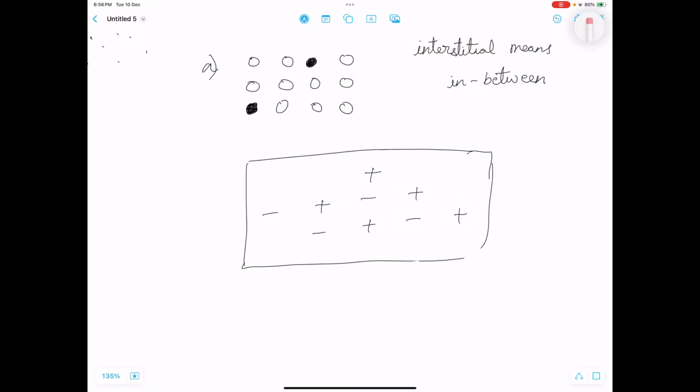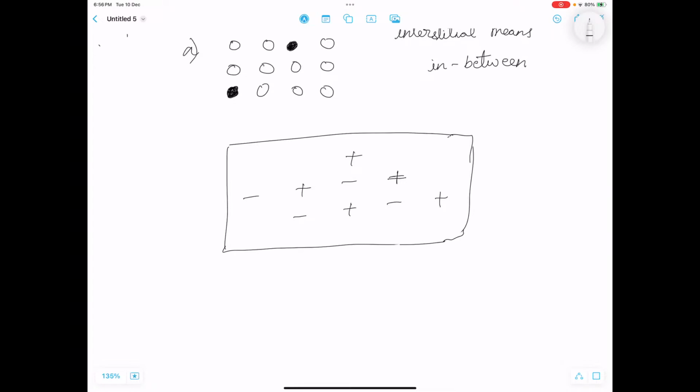Now we come to Frenkel defect. Remember, the Schottky defect typically occurs only in ionic crystals, as these are ions. Suppose this was 2 plus charge, this was 3 plus charge, 4 plus, so it will all balance each other out.